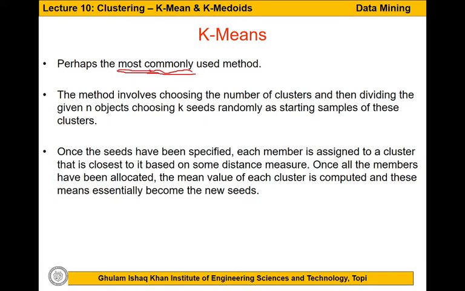Now, what it does is that the method involves choosing a number of clusters and then dividing the given n objects into k seeds randomly, right?